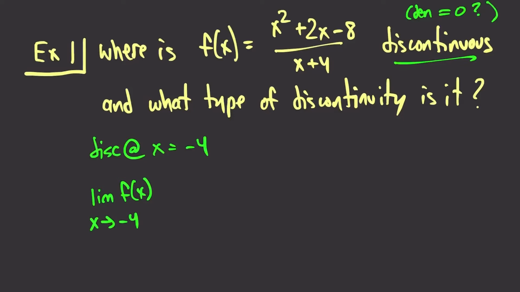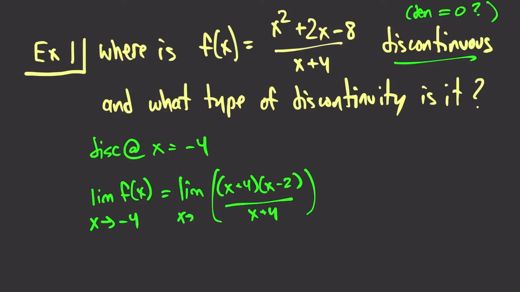Now, f of x is this function right here. Let's factor that numerator because maybe I can cancel something. So that's going to be x plus 4, x minus 2 over x plus 4, as x approaches negative 4.